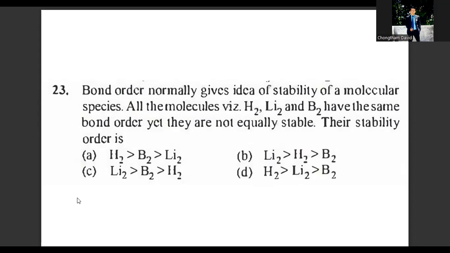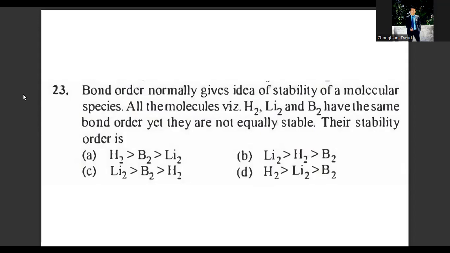So there are two antibonding electrons. In the case of boron, it has sigma 1s2, sigma star 1s2, sigma 2s2, sigma star 2s2, followed by pi 2px1 and pi 2py1. So four antibonding electrons are present here, and the bond order of all the species is the same, but stability will be different. This is due to the difference in the number of antibonding electrons.